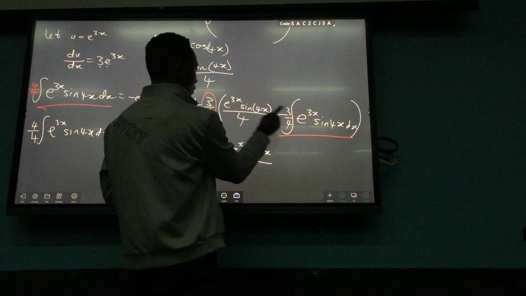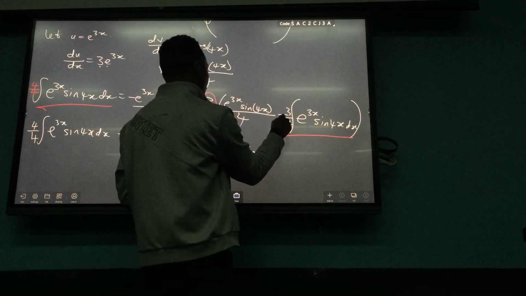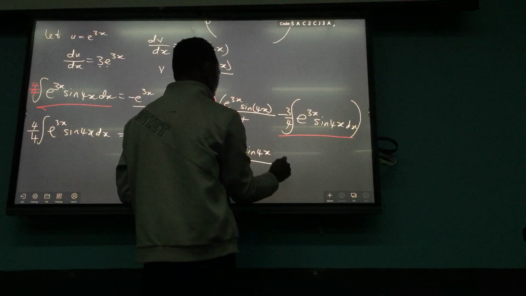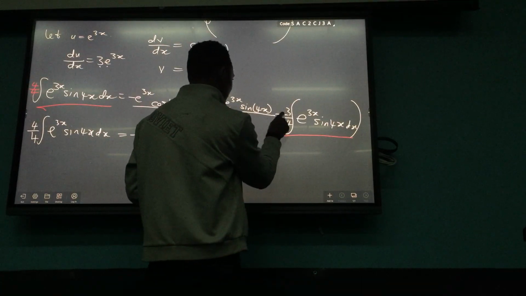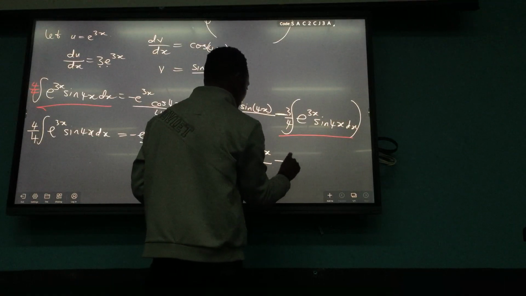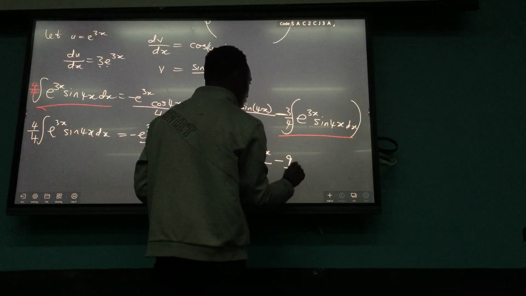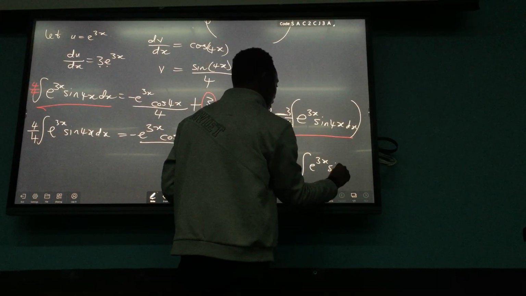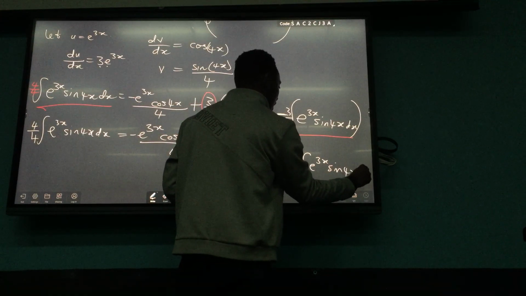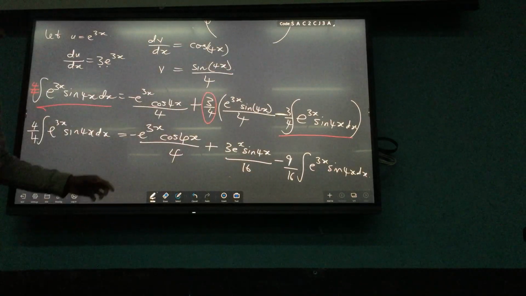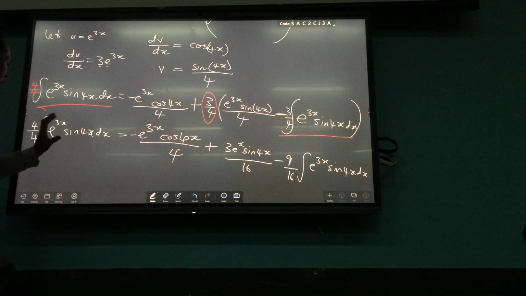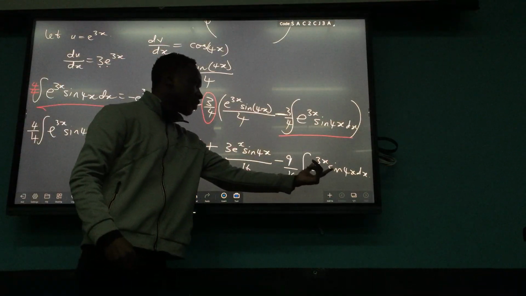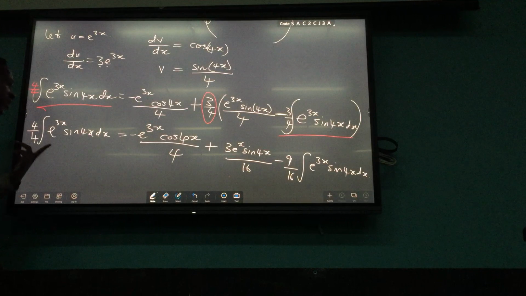Then this 3 over 4 times this 3 over 4, you get 9 over 16, right? So it's going to be 9 over 16, and you have a negative here, right? So it's going to be minus 9 over 16 integral of e to the 3x sine 4x dx. Now, we can say we have 4 over 4 cows, which is just 1 cow, and we have 9 over 16 cows. So we can take them this side.